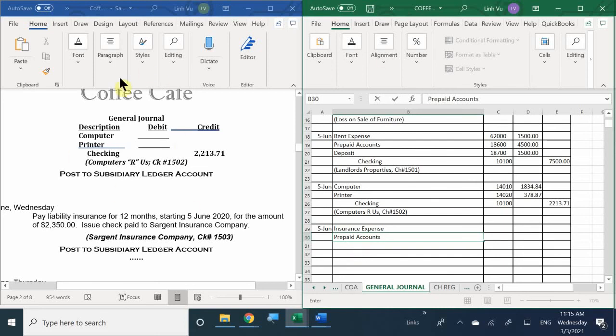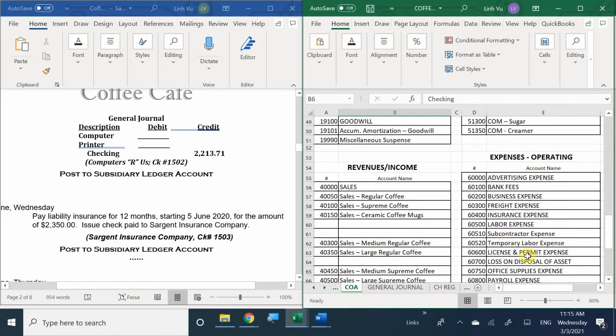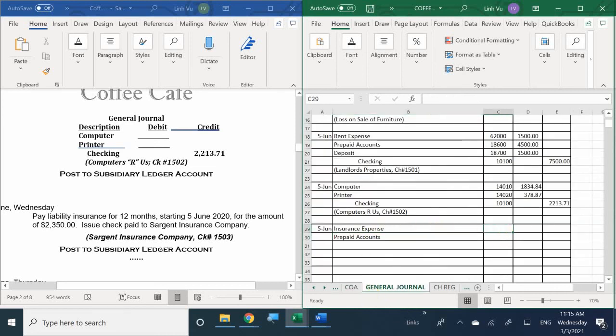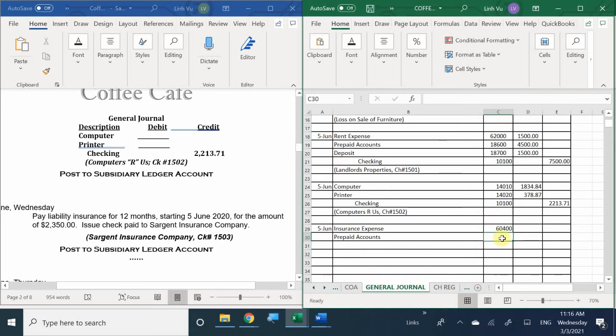What is my insurance expense account number, Nilo, since you found it? Insurance expense, 60400. Good. What about my prepaid accounts? 18600.